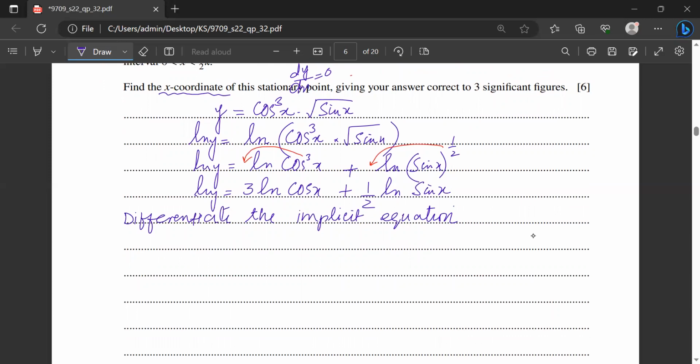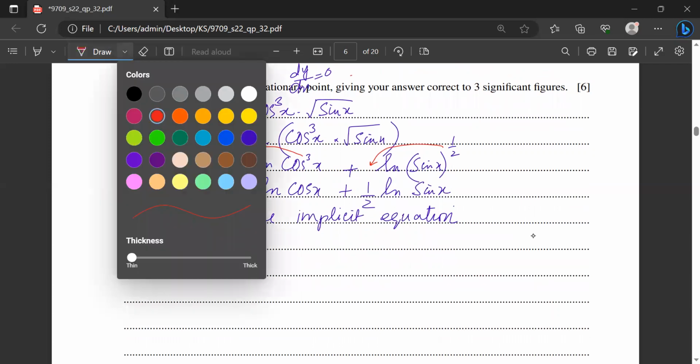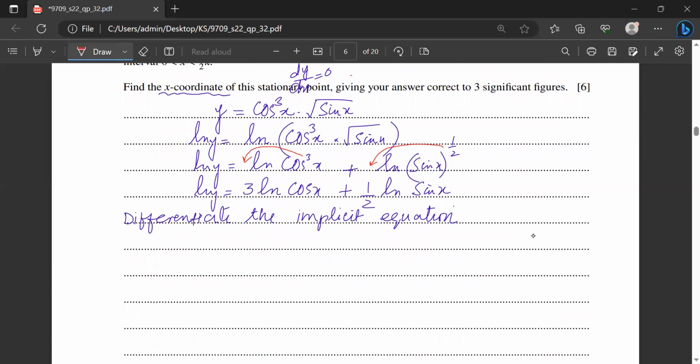We have the formula: if y equals ln f(x), its differentiation is dy by dx equals 1 over f(x) times f dash of x.